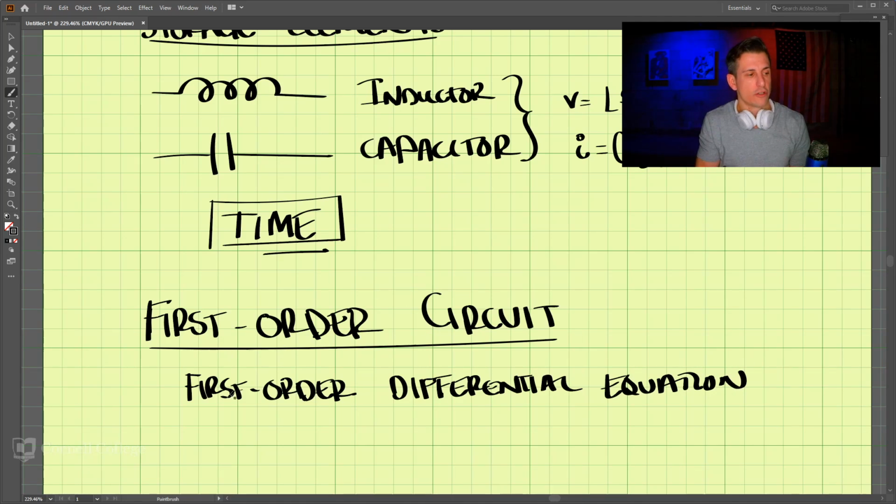So the first order circuit works with a first order differential equation that takes into account time. Time is the big thing here. So we will analyze these elements in circuits with an addition of time. So let's go ahead and get started at covering some of these topics.